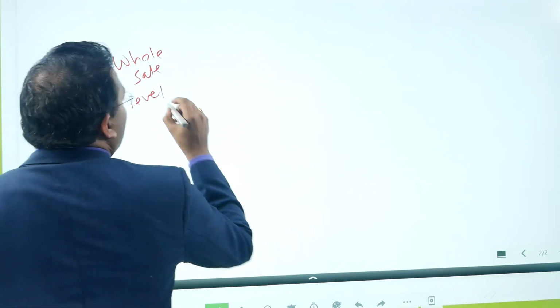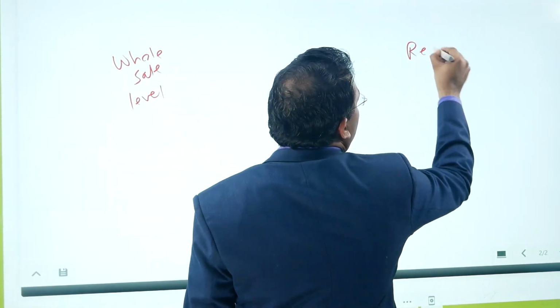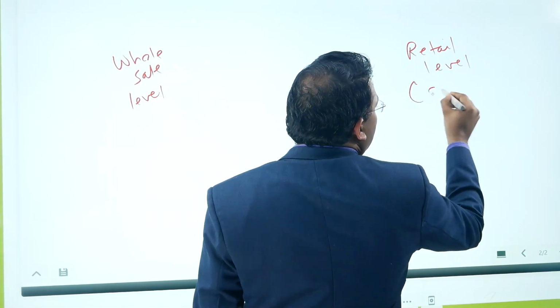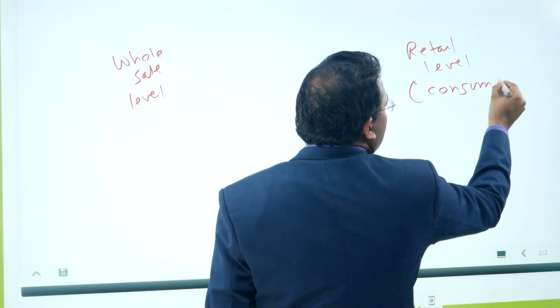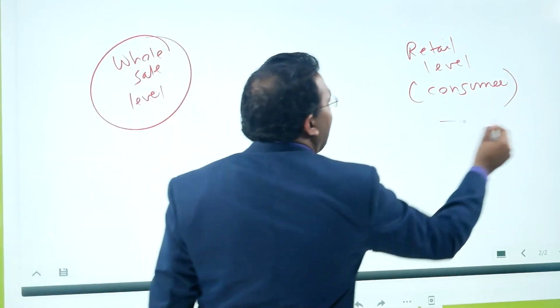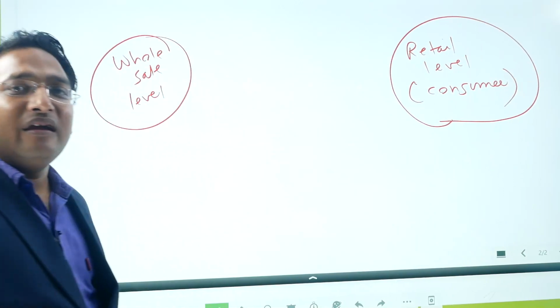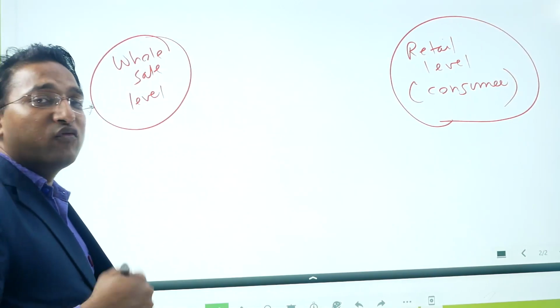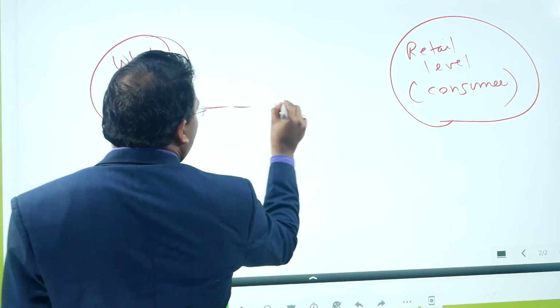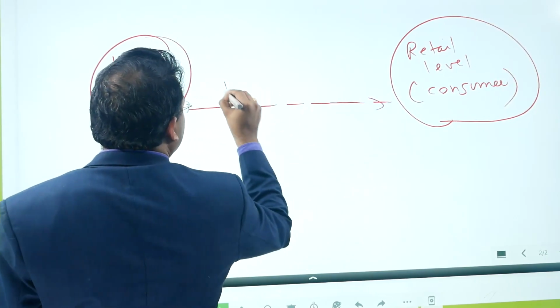Retail level means the consumer level. When the goods are moving from wholesale level to the retail level, what type of cost can be incurred? The first type of cost can be the cost of transportation.